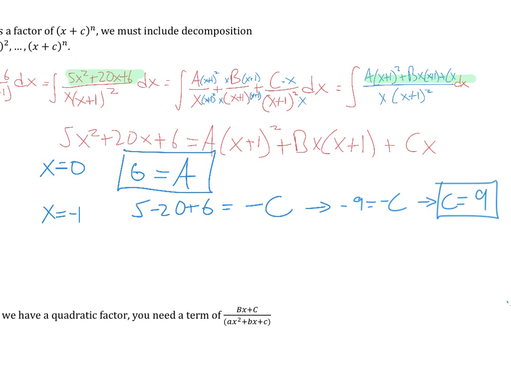Well, how do we get b now? Well, we know a lot of stuff. We know a, we know c, we don't know b, and we can pick an x value. Pick an easy one, maybe like 1, okay? We already used 0 and -1, so don't use that again. Plug in 1, and we have 5 plus 20 plus 6.